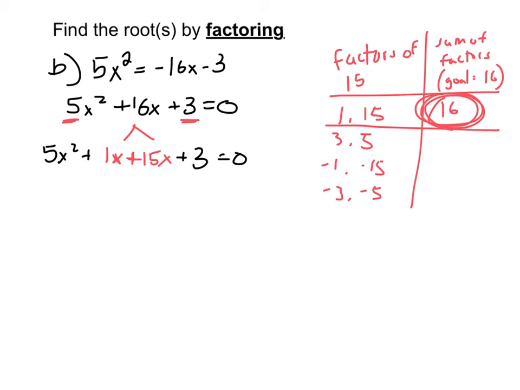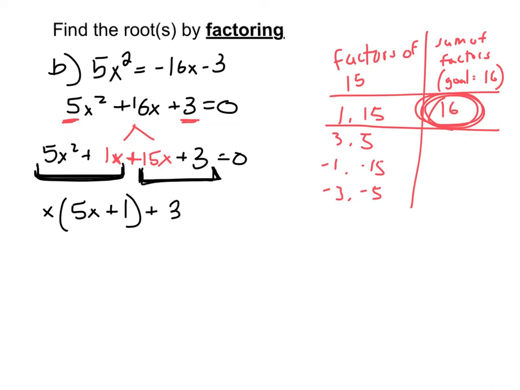All right, so now I'm going to look at this equation in 2 different pieces. And is there anything common amongst this first piece that I can pull out? Well, it looks like there's only an x that I can pull out. So I'm going to pull out an x. I'll be left with a 5x plus 1. Anything common I can pull out here? Yes, there's a 3 I can pull out. So I'm going to do that, 3.